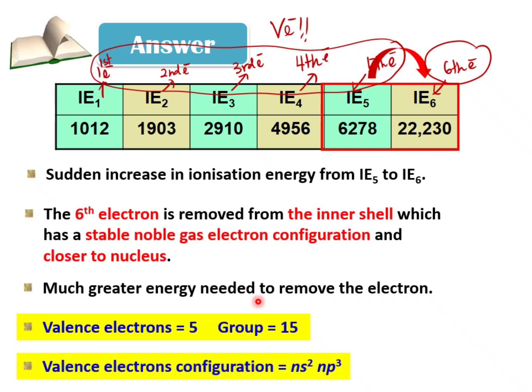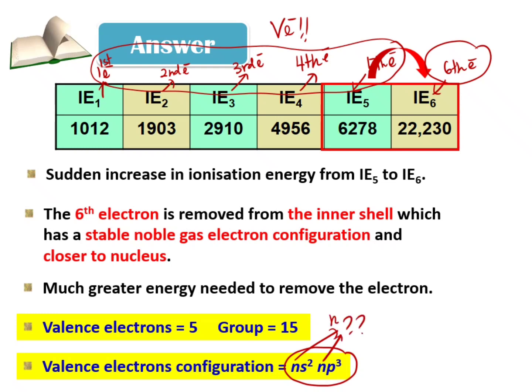So how to write the valence electron configuration? You just write like this: ns2, np3. Sebab kita tahu grup 13 sampai grup 18 adalah blok P. Sebab tu dia punya configuration berakhir dengan S dan P. Kenapa kita tak letak berapa N ni?